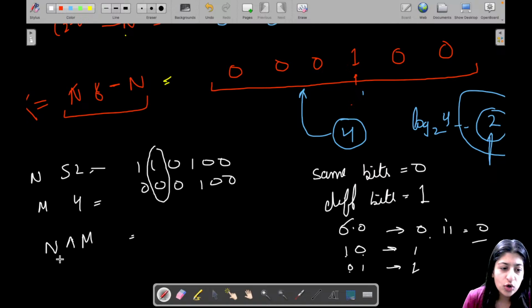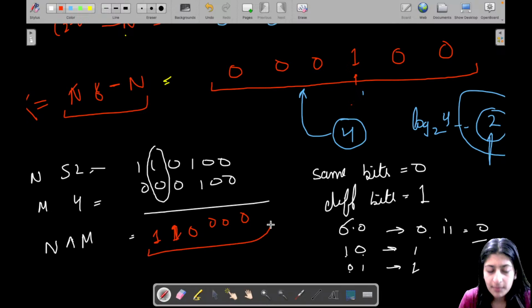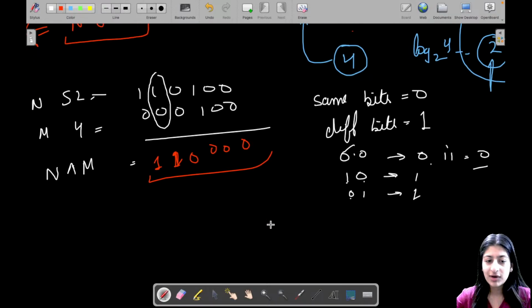So if I do XOR of two numbers, wherever I have the same bits, I am going to get 0 there, right? 0 XOR with 0 will be 0, and different bits give 1. So now you know, when I do XOR of two numbers, wherever I am getting 1, that is the position where n and m have different bits, correct? You getting this point?